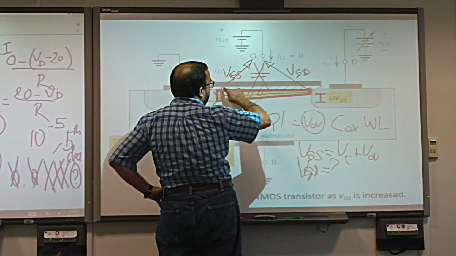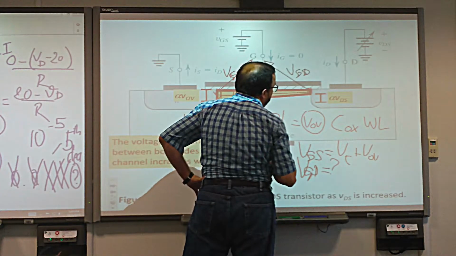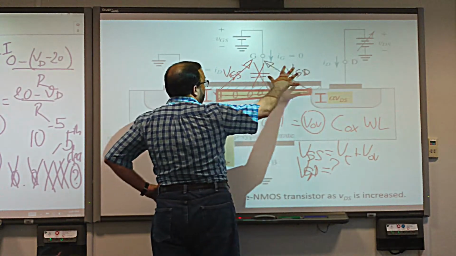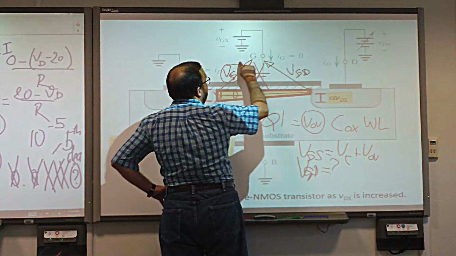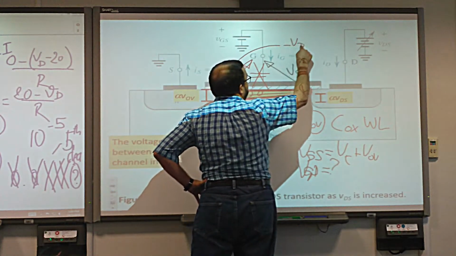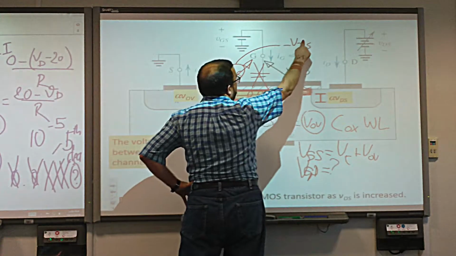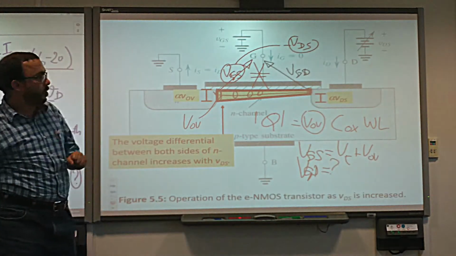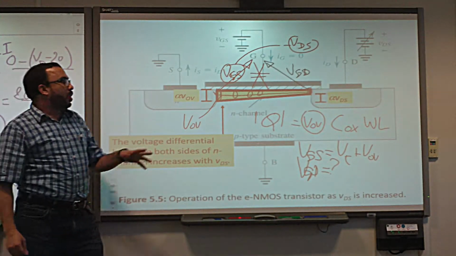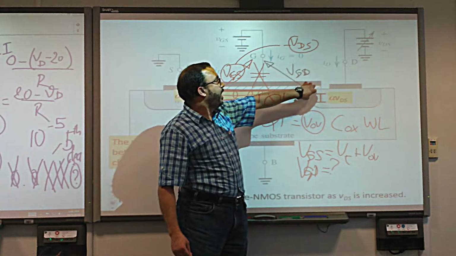Here this voltage is going to be VGS, and this voltage is going to be VGD, and they are not the same because VGD is equal to VGS minus VDS, which is the voltage of the drain with respect to the source. So the charge will feel here a voltage that is higher than the voltage in here.